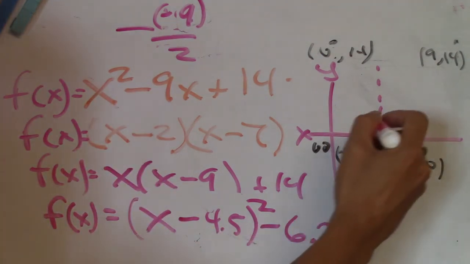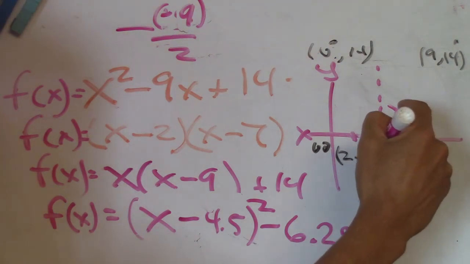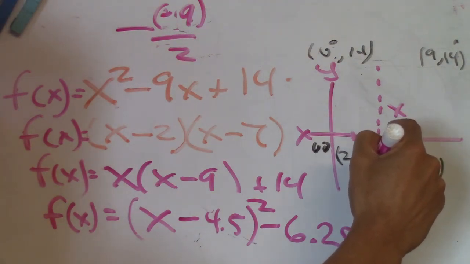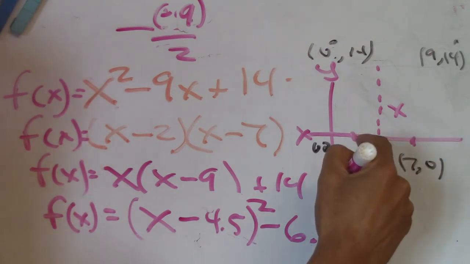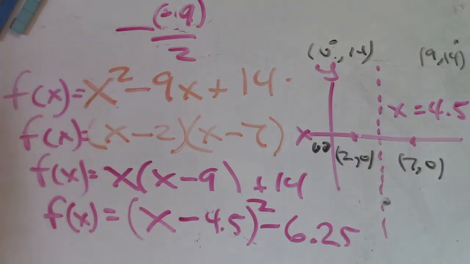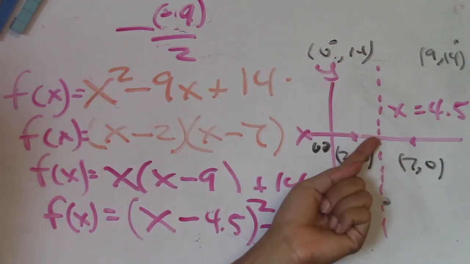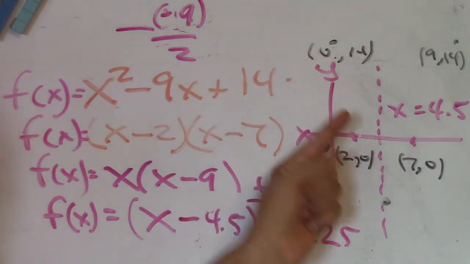So this axis of symmetry is, do I care what y is? I do not care what y is, as long as x is 4.5. Y can be 50, y can be 14, y can be 0, y can be negative. I don't care. X is still 4.5.